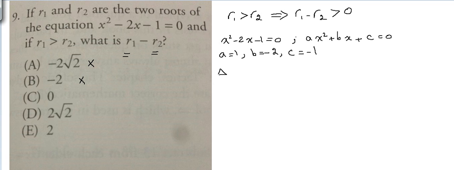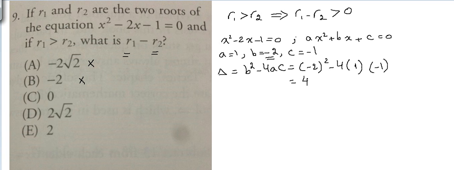We should find delta. Delta is b squared minus 4ac, where b is -2, so it's -2 squared minus 4 times a, which is 1, times c, which is -1.